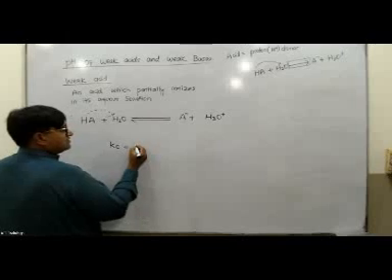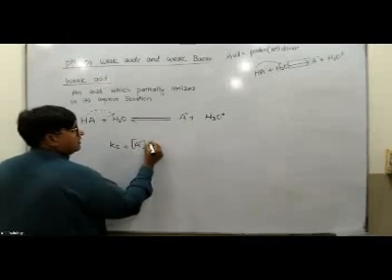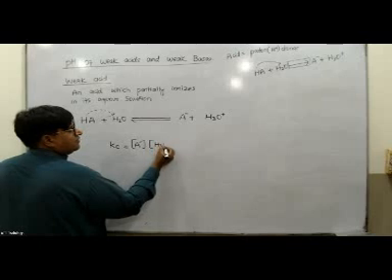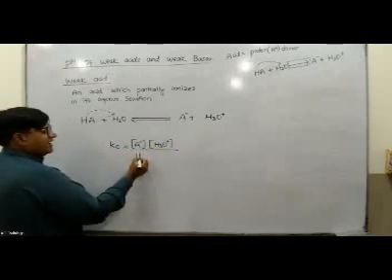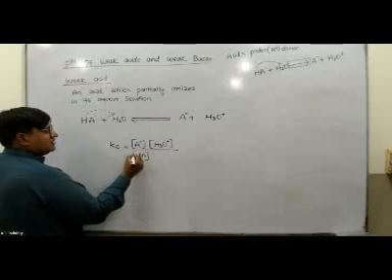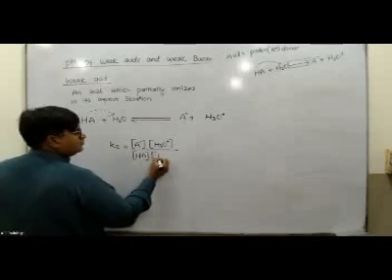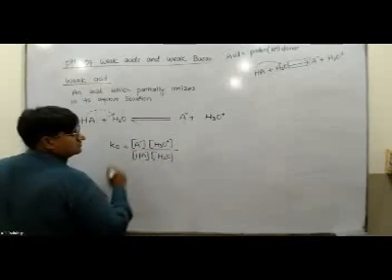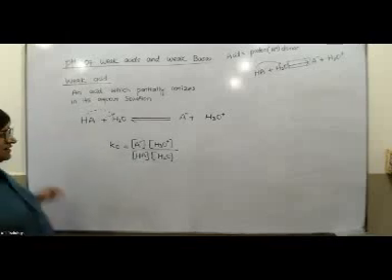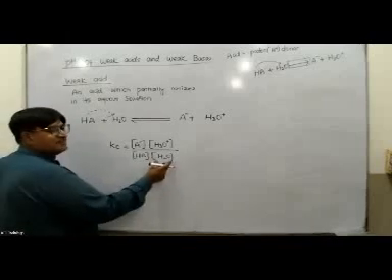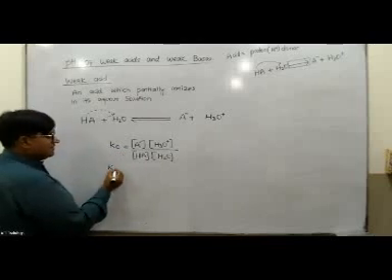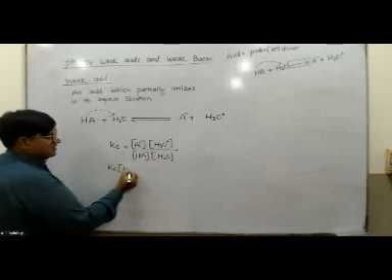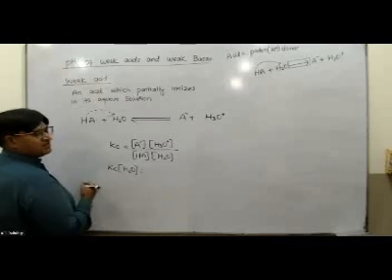So A minus concentration and H3O positive concentration, divided by HA concentration and H2O concentration. Now this water concentration is divided on that side, so it comes to the other side to be multiplied: Kc times water concentration.